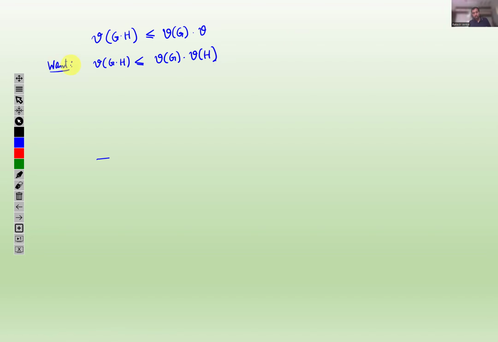Okay, so given G and H, let me take an optimal orthonormal representation for G and one for H, one that attains the theta function value. Recall that an orthonormal representation is a vector assignment for every vertex such that it satisfies certain orthogonality constraints, and we have defined a value for that.